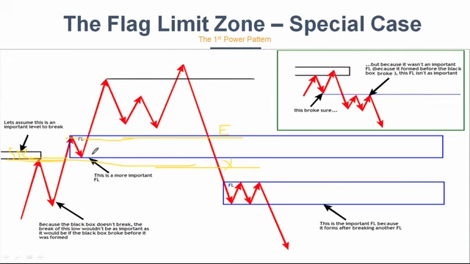Now what happened? Price broke out. It came down, and theoretically it should retrace from here, but it did not do it. Instead it broke down, which means this trade failed. The flag limit trade failed in this case. And then there is an SR at the bottom.